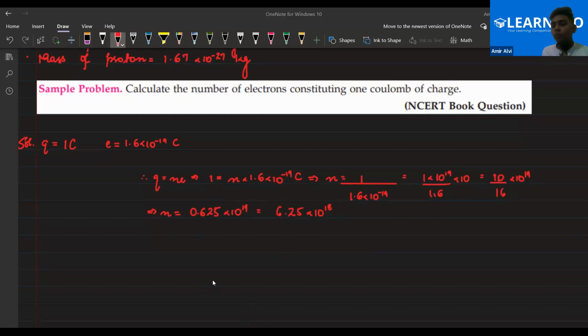It means that 1 coulomb of charge is equal to the charge possessed by 6.25 into 10 to the power 18 number of electrons.